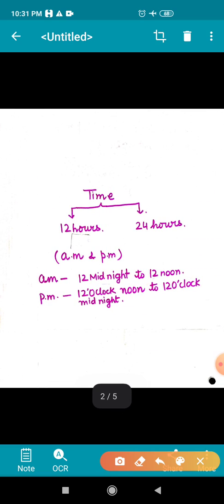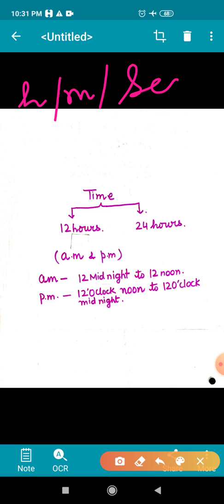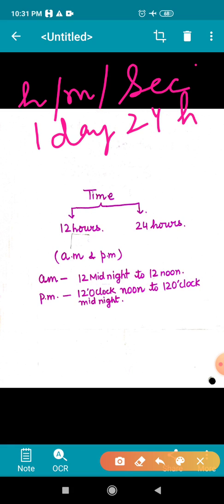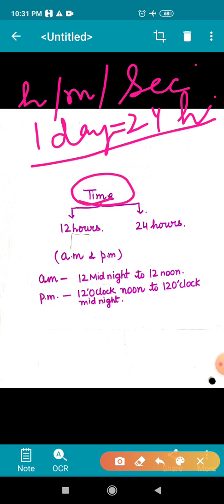Children, as you all know, time is measured in hours, minutes or seconds, and one day has 24 hours. Okay, children, time is represented in two ways: 12 hours clock and 24 hours clock.